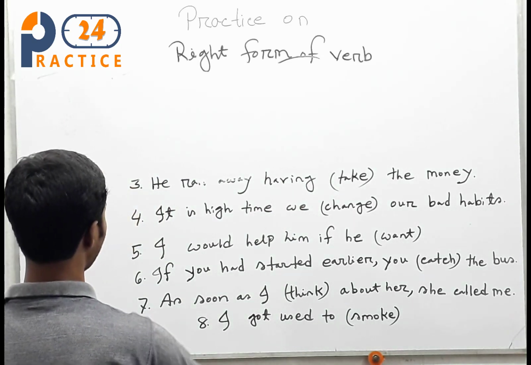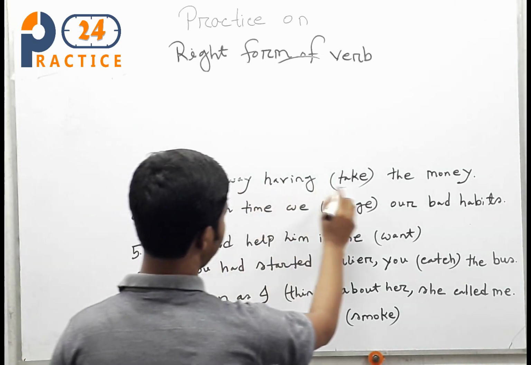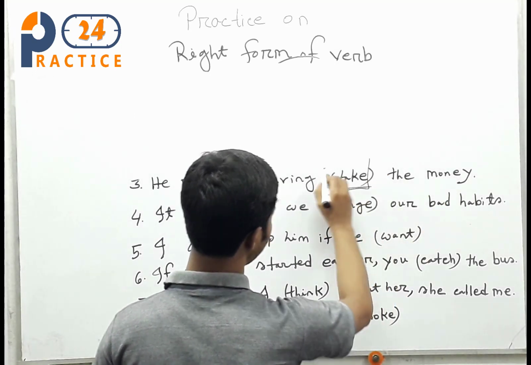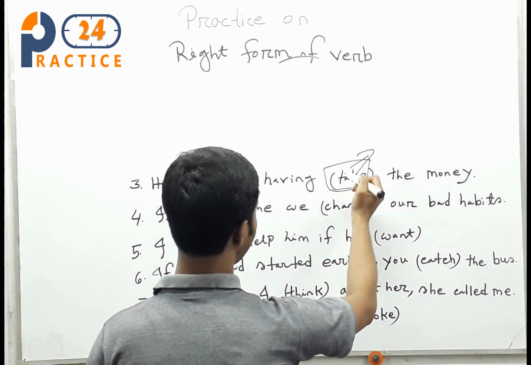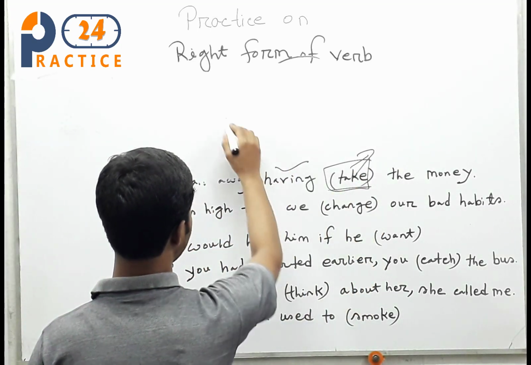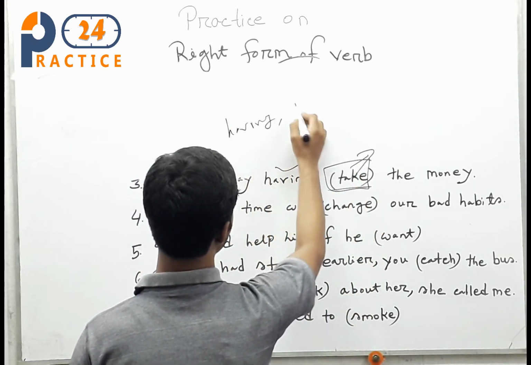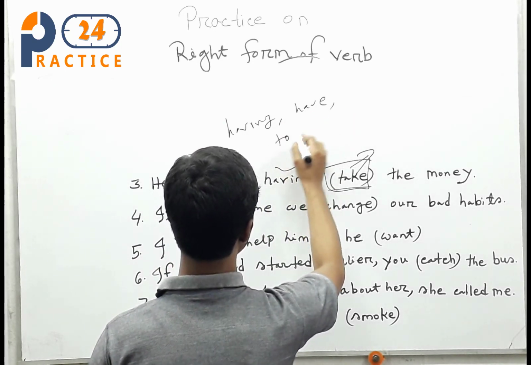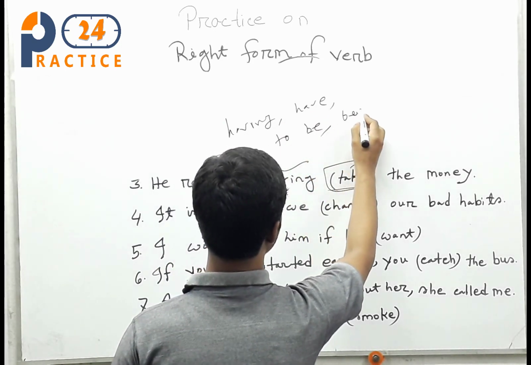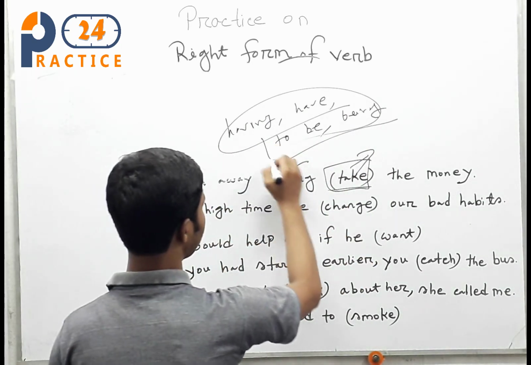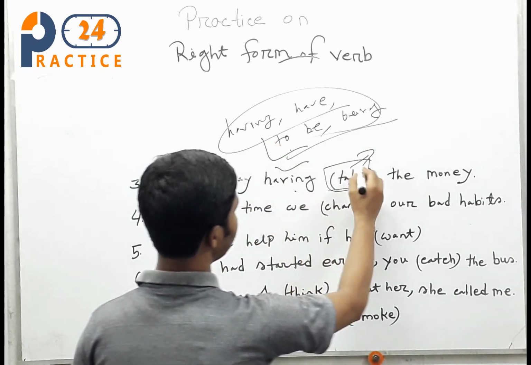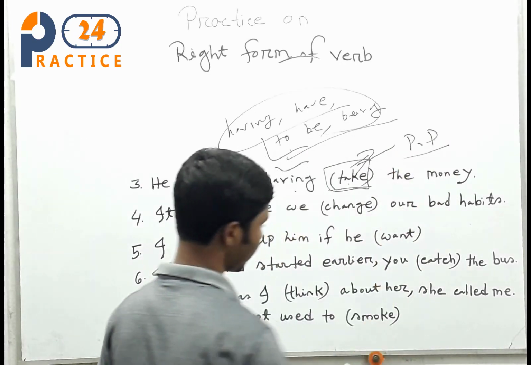And my next example is: He ran away having take the money. Here take is the verb, and when you write down the answer for your verb, you have to follow the rule. Here having, have to be, and being are the words. If you find any word like this before the verb, then the verb will be PP, I mean past participle.